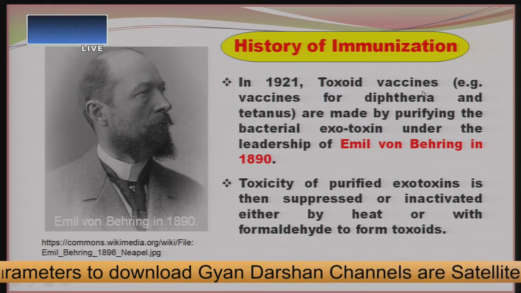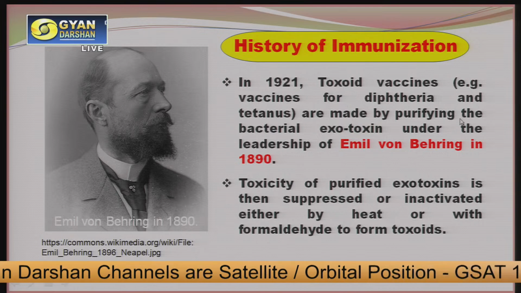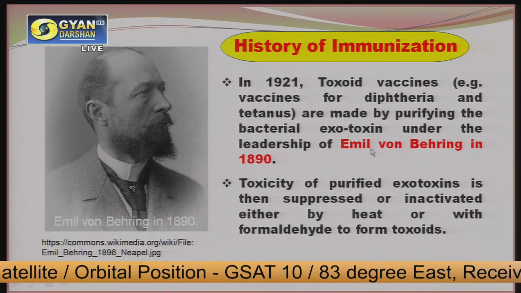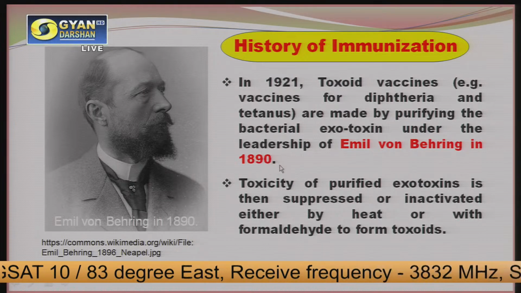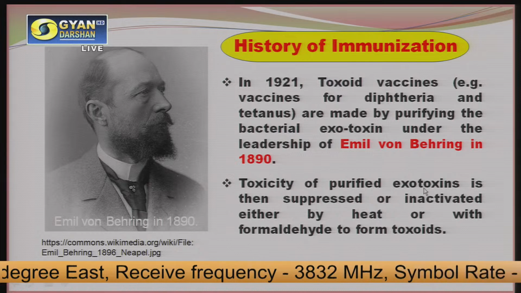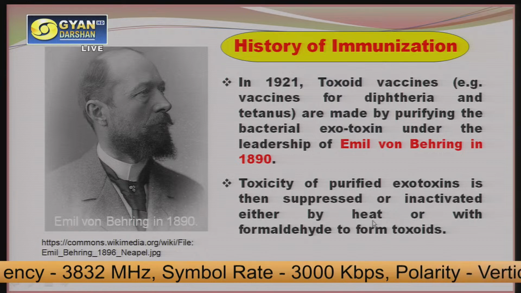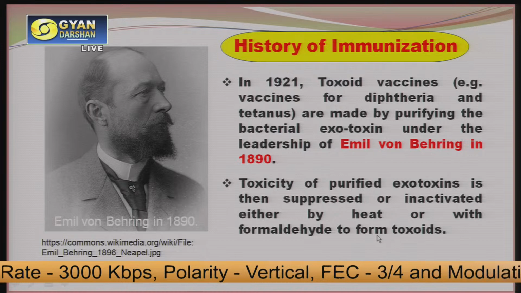Toxoid vaccines for diphtheria and tetanus are made by purifying the bacterial exotoxin, under the leadership of Emil von Behring in 1890. The purified exotoxin is then suppressed and inactivated either by heat or with formaldehyde to form the toxoid.